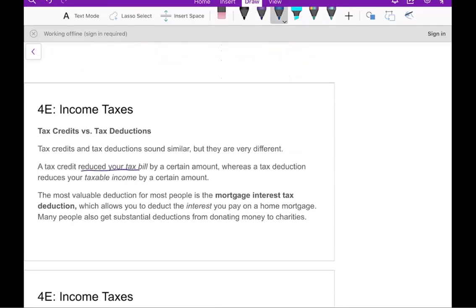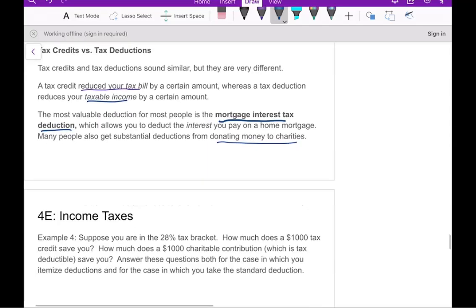Now, the tax deduction reduces your taxable income by a certain amount. Now, of course, the most valuable deduction for people is usually the mortgage interest tax deduction. And this would allow you to deduct the interest that you pay on a home mortgage from your taxable income. All right. Now, many people also get substantial deductions by donating money to charities.